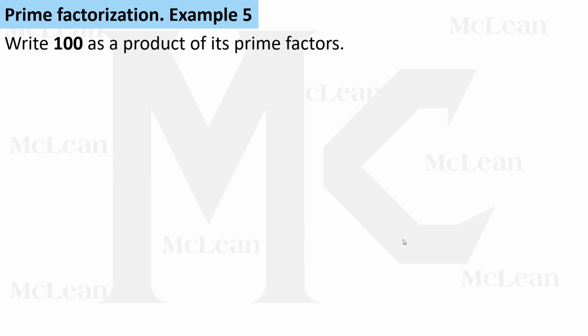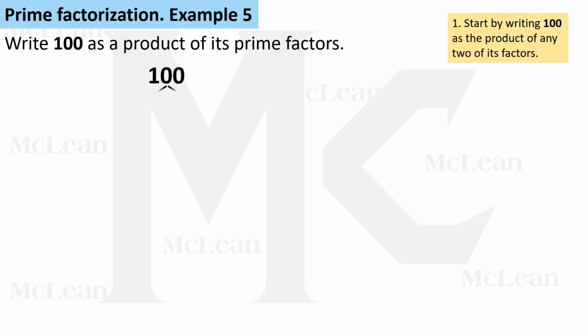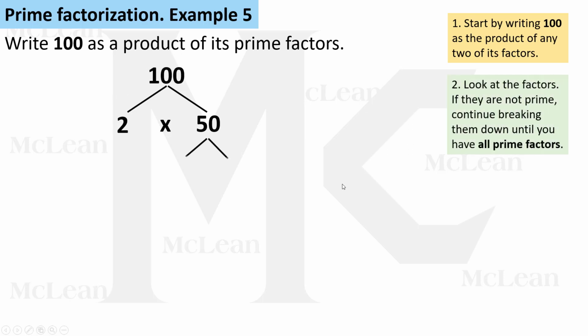Example 5. Writing 100 as a product of its prime factors. Numbers are getting bigger, no harm done. Pretty simple still. What times what gives me 100? Why are you using 2 times 50? You could have said 10 times 10, right? I could have, but let's do it this way. So it's 2 times 50. The 2 is prime already. We're going to work on the 50.